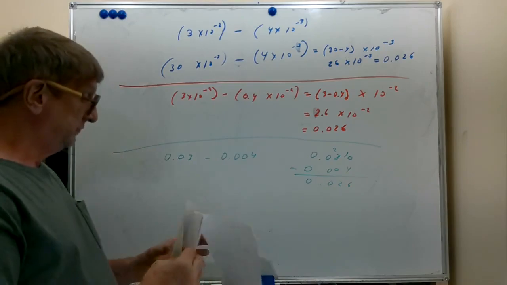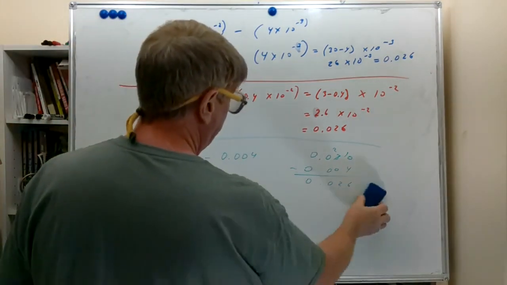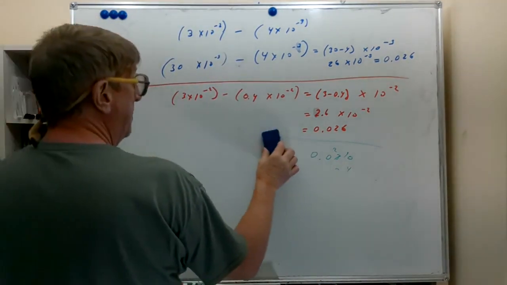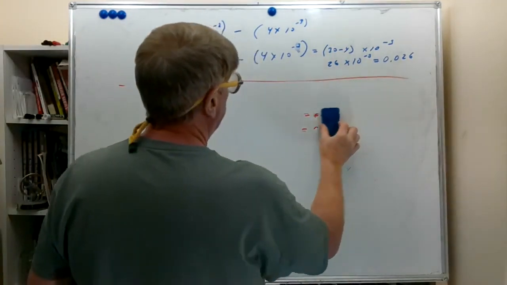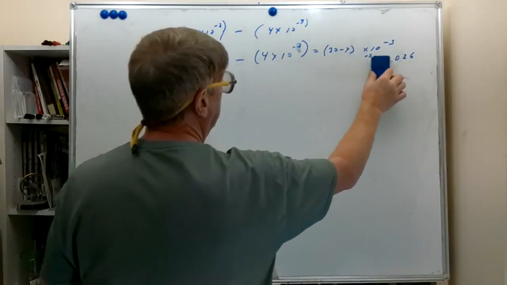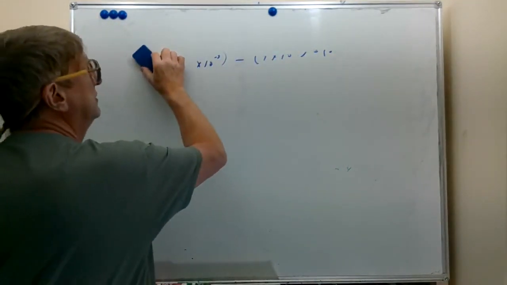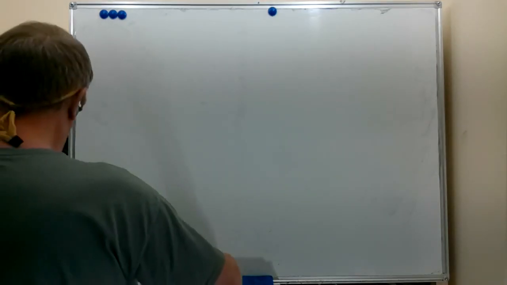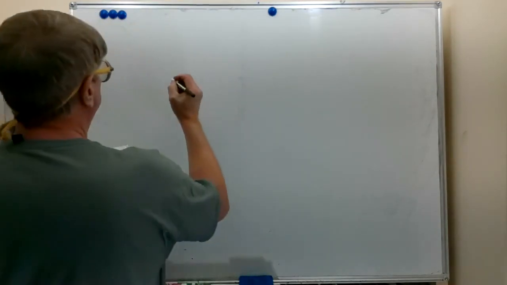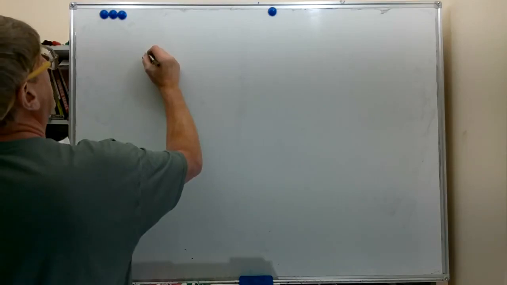Now this course is called mathematics for electricity and electronics. So we're going to do a little electrical example using the powers of 10. Got a little circuit here. We got a voltage supply.